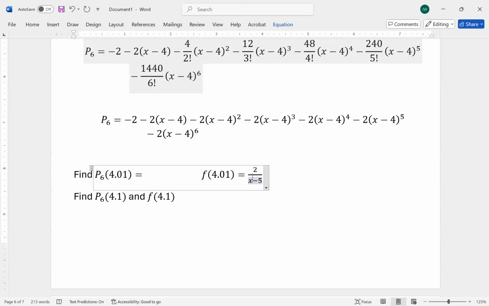So if I plug in 4.01, that's a pretty easy calculation to do. 2 divided by 4.01 minus 5. Make sure you do the denominator before you do 2 divided by that. I get, as a decimal version, -2.02020202. That's the calculator display.